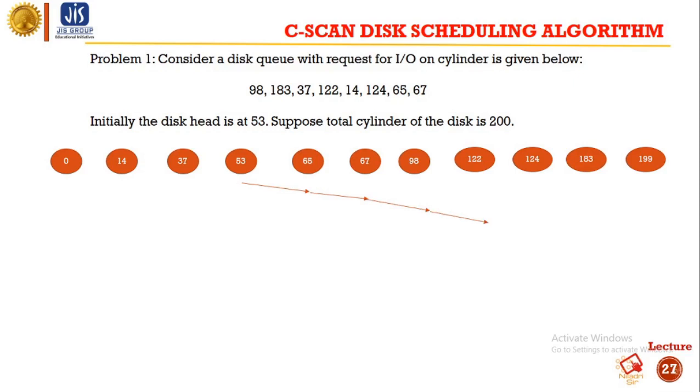From 122 we will move to 124. From 124 we will move to 183. And from 183 we will move to 199. And from 199 we will move again to 0. After that we will move to 14, then 37.